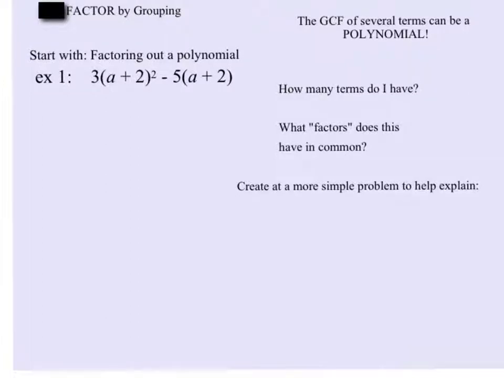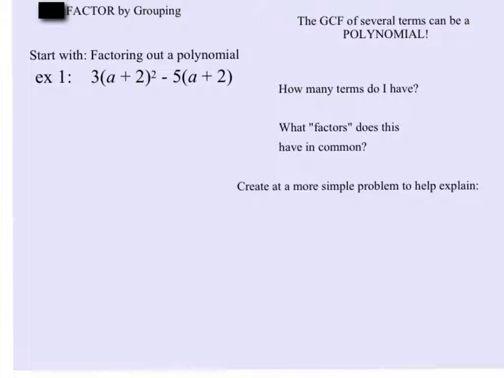This video is on factor by grouping, but I want to review something with the GCF before we get into the actual factor by grouping. Remember, the GCF of a polynomial can actually be a group of terms. If I look at this first example, 3 times a plus 2 quantity squared minus 5 times a plus 2, there's only two terms here.